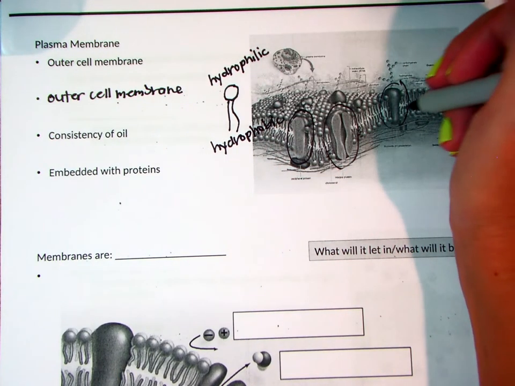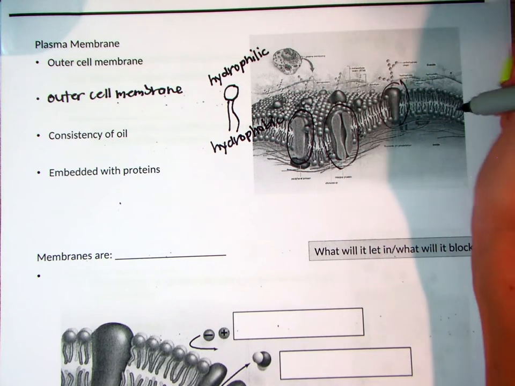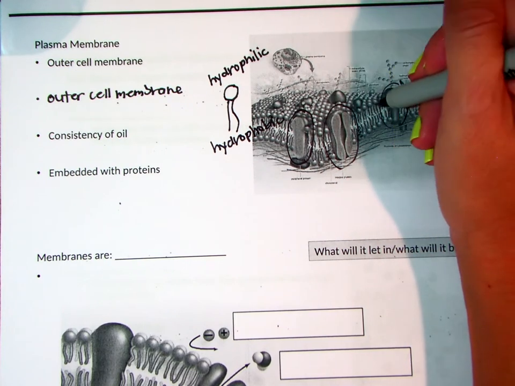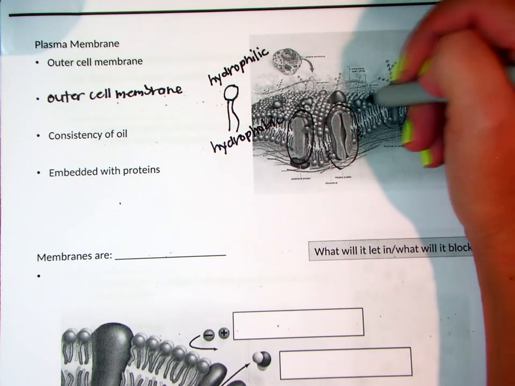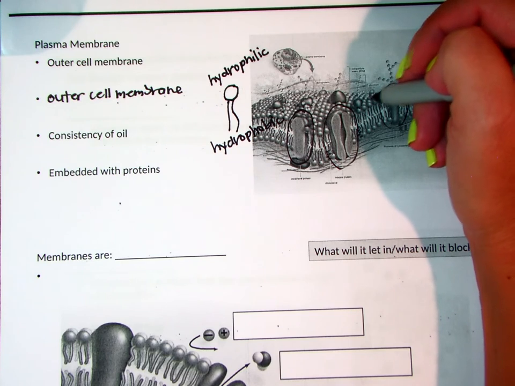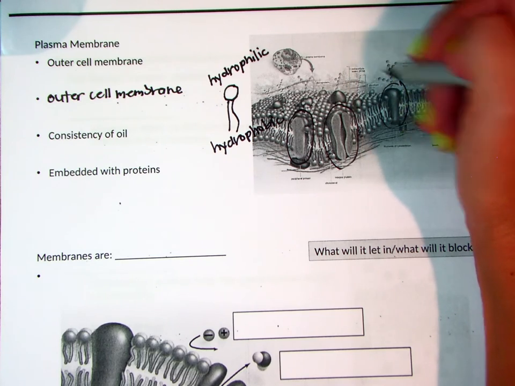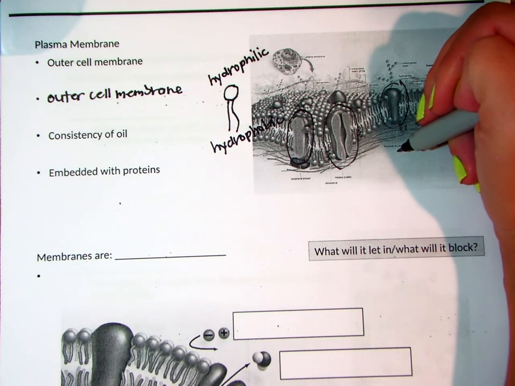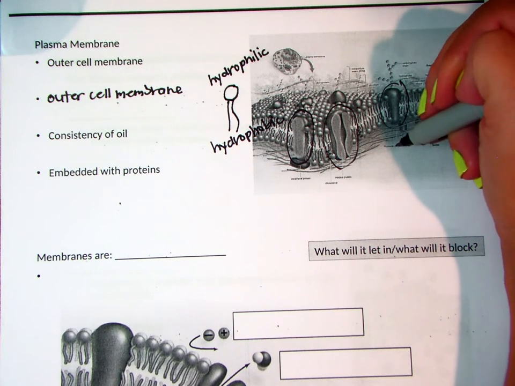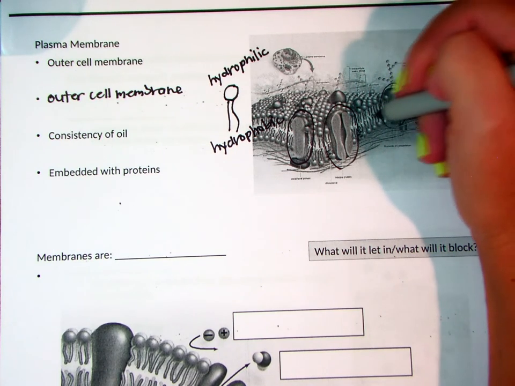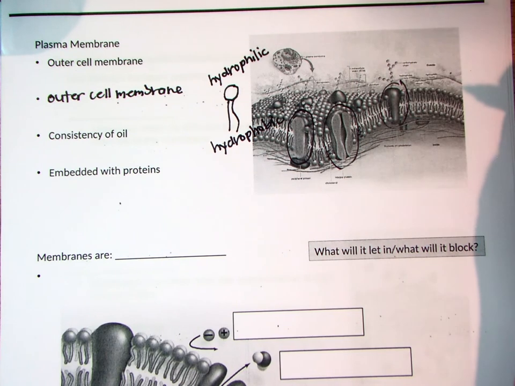So if there are a bunch of phospholipids and they're put in water, they will naturally orient themselves like this. The hydrophilic heads toward the extracellular fluid and the intracellular fluid because there's water in and out of the cell. And those hydrophobic tails will kind of hide within the middle.